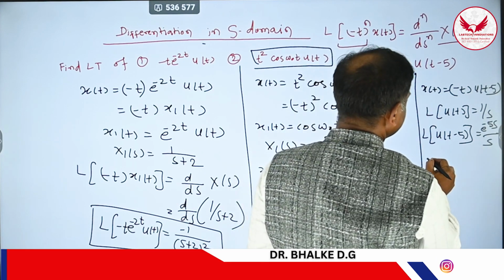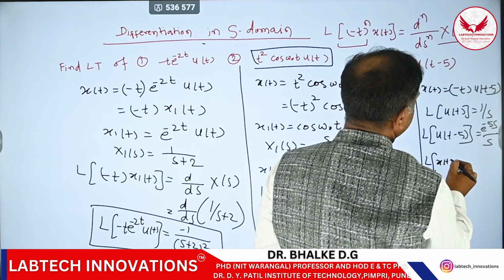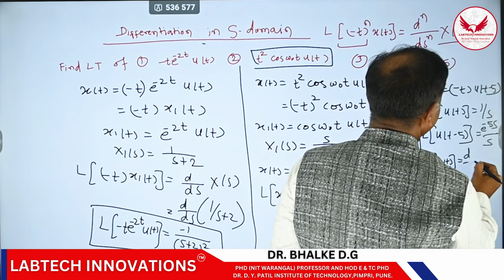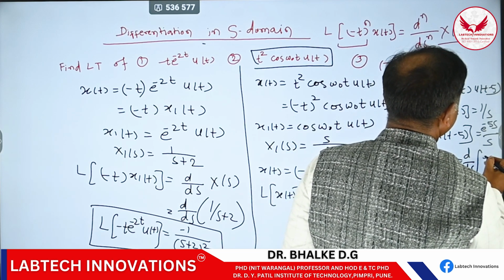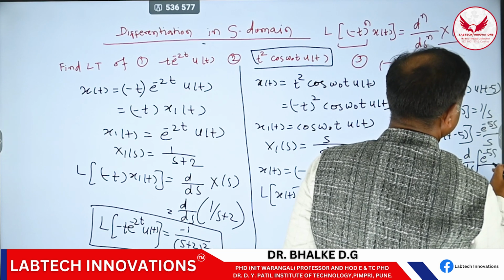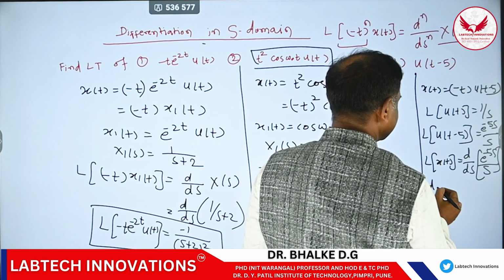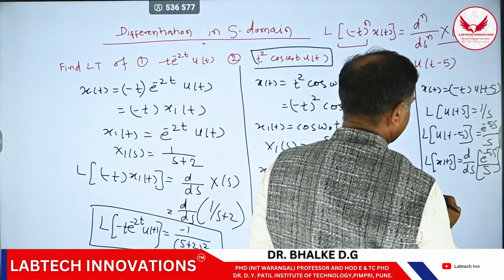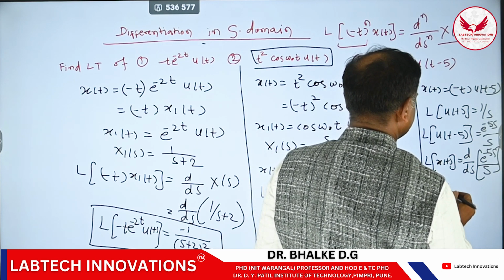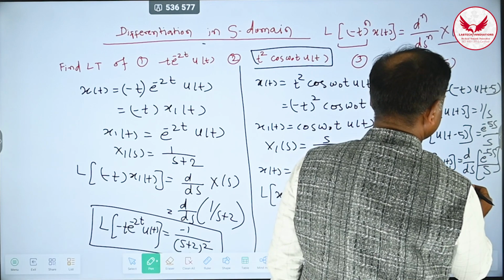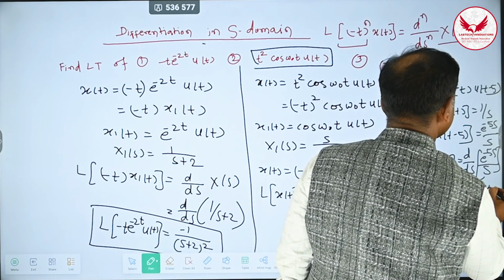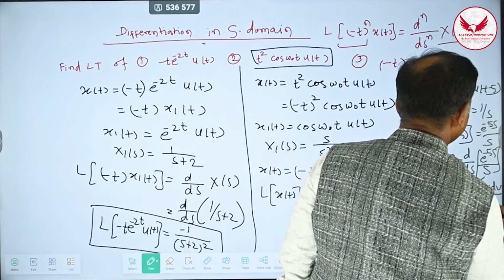Now again it is multiplied by minus t. Therefore the Laplace transform of this x of t is equal to d by ds of e raised to minus 5s divided by s. Here you can use the property that differentiation of u by v is equal to v into du minus u into dv divided by v square.